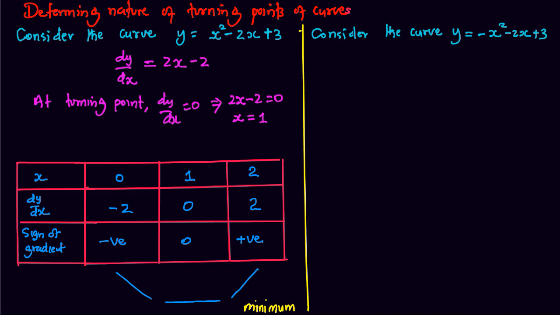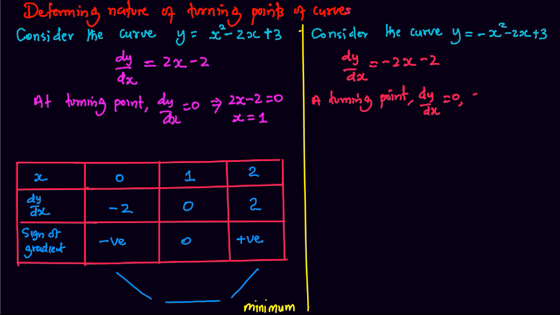So in this case, the gradient function dy over dx is equal to negative 2x minus 2. At turning point, dy over dx is equal to 0.